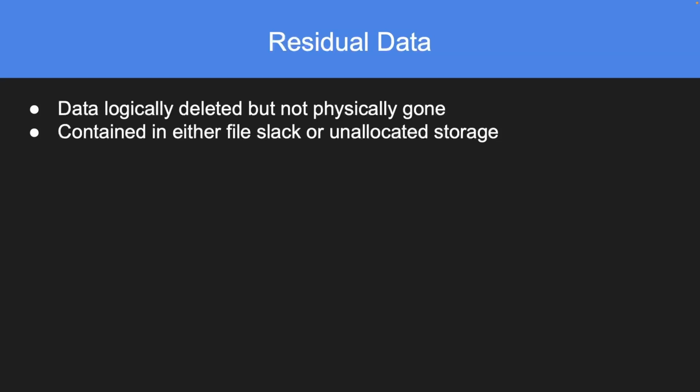But if it is not exactly equal to that amount of storage space, we will have some file slack associated with it. And unallocated storage for us is just storage that we have not allocated, whether it's deleted or not used at all within any type of storage partition or out of storage partitions of the disk.